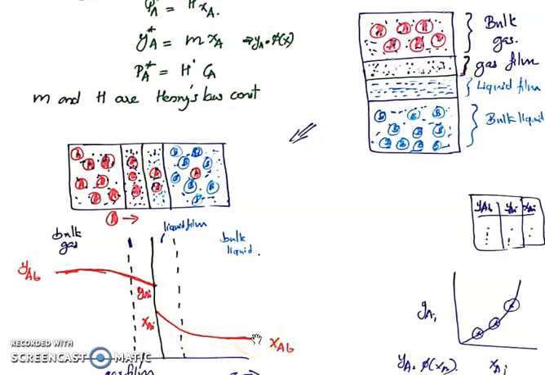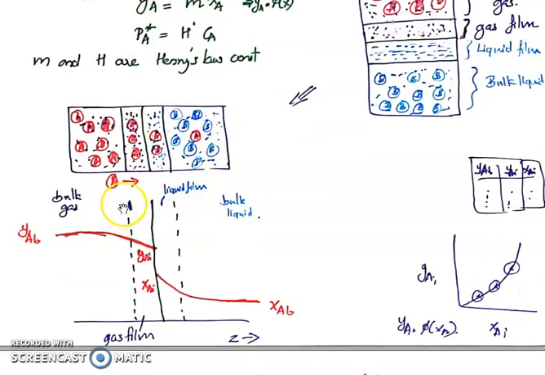So the mole fraction of A in the bulk liquid phase is XAB. So now what we have seen is molecules of A diffusing from the bulk gas phase to the bulk liquid phase through the interface, overcoming two resistances, a gas film resistance and a liquid film resistance.